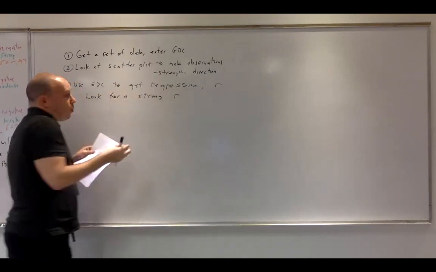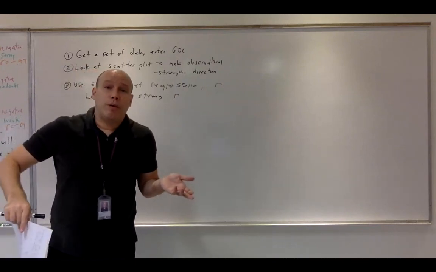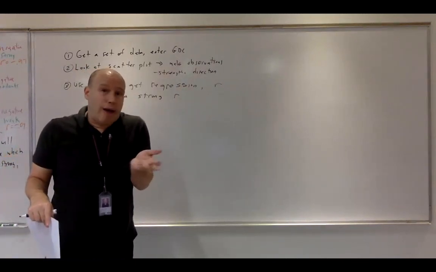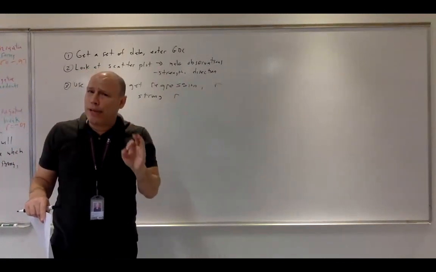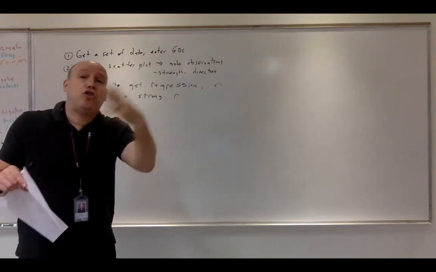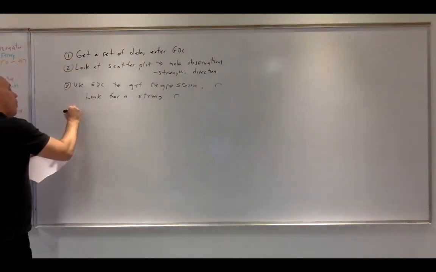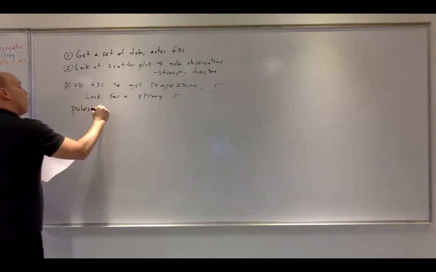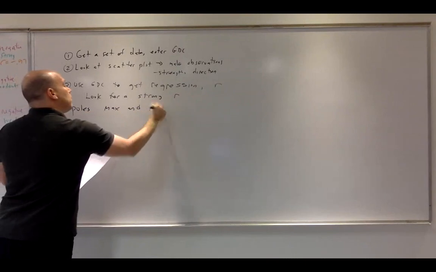Now, the next thing we want to do is find values that were not in the data table. Because if I have an equation, I can still plug in X values to get my Y values out. Once again, they might not be related, but I've created an equation that connects my X values to my Y values. The poles are the max and the min.